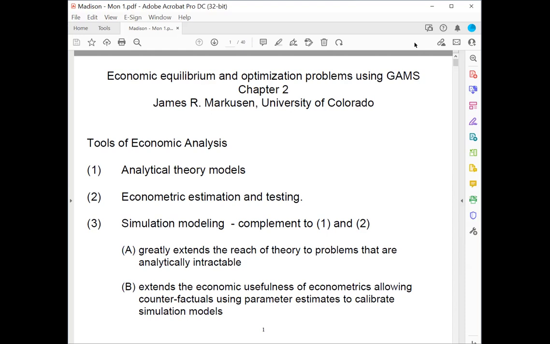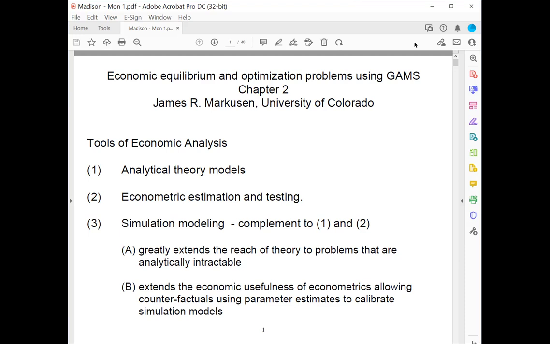As I said, the tools of economic analysis have traditionally consisted of analytical theory models. When I want to make fun of that, I call it paper and pencil economics. I did paper and pencil economics for 30 years. The second is econometric estimation and testing. And simulation modeling is a little bit newer in economics. It's a complement, not a substitute for 1 and 2, in my opinion.